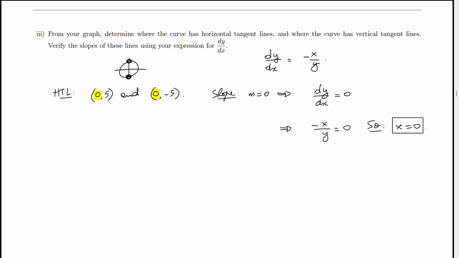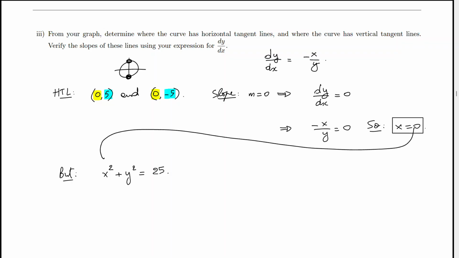Now, how can I get the y-coordinates of these points? I need to remember that the equation we began the problem with is x squared plus y squared equals 25. It's the equation of the circle with radius 5 centered at the origin. So replacing x with 0 in this equation should help me find what the y is going to be.